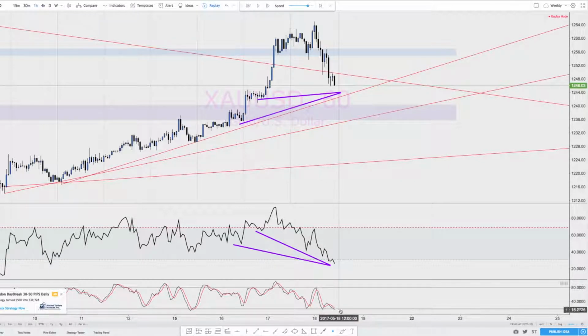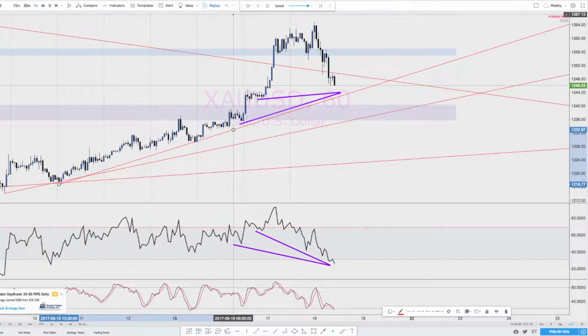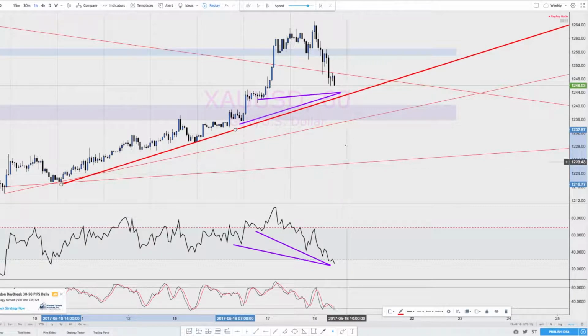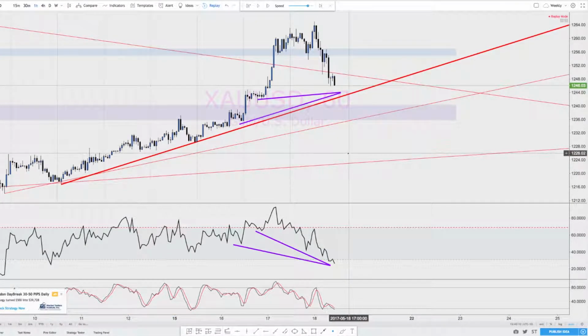Our stochastic is oversold, which is also a confluence that has a possibility of coming out of oversold and moving up with price as well. But I don't see a buy signal yet. We have price approaching a bullish trend line there.